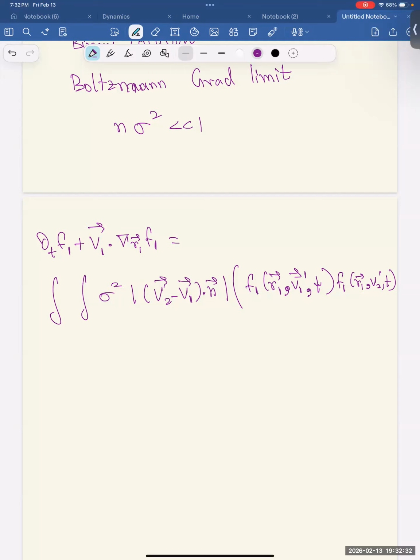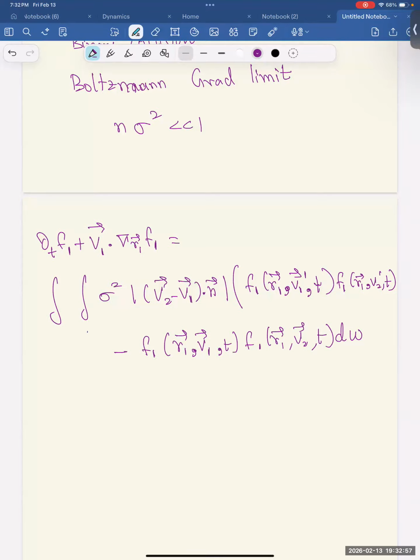Before collision, you have V1 and V2. After collision, you have V1 prime and V2 prime, minus F1 of R1, V1, T, F1 of R1, V2, T, and then you integrate over the sphere.